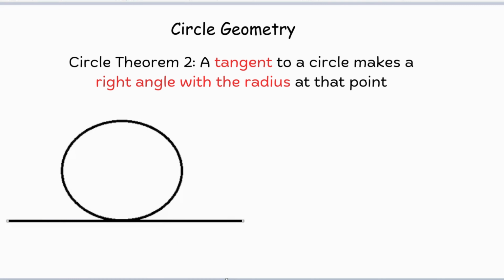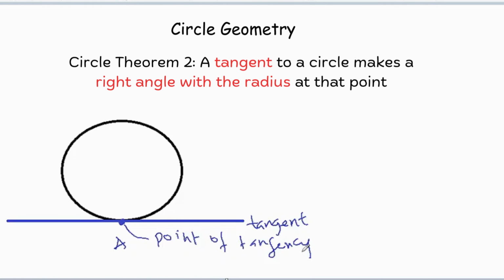Now, the blue line here is our tangent because it is meeting the circle at exactly one point, and we are going to label that point as A. This is A. This is a tangent. This is the point of tangency.